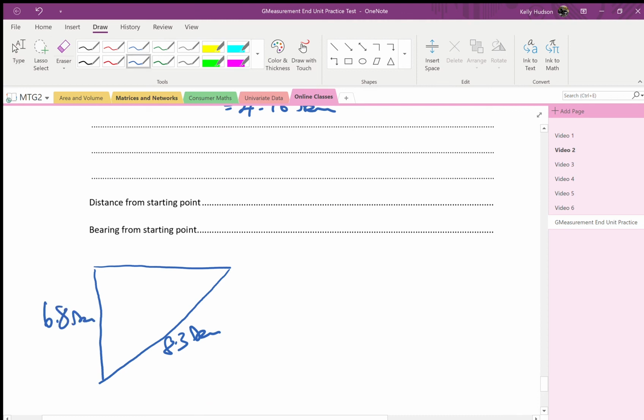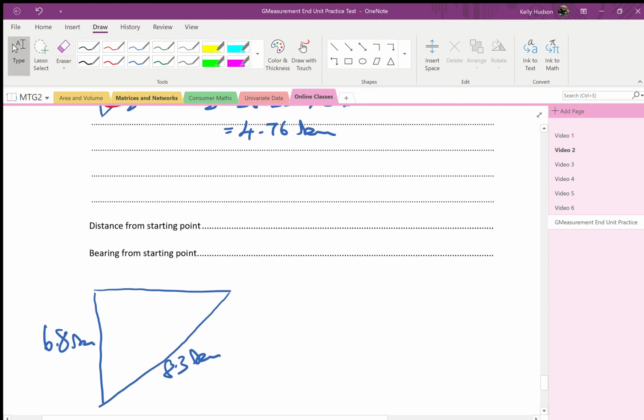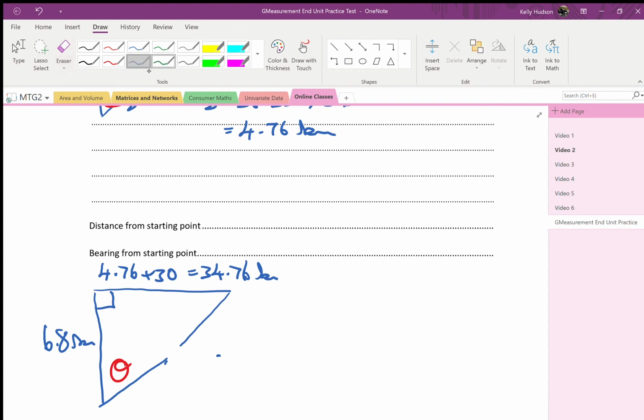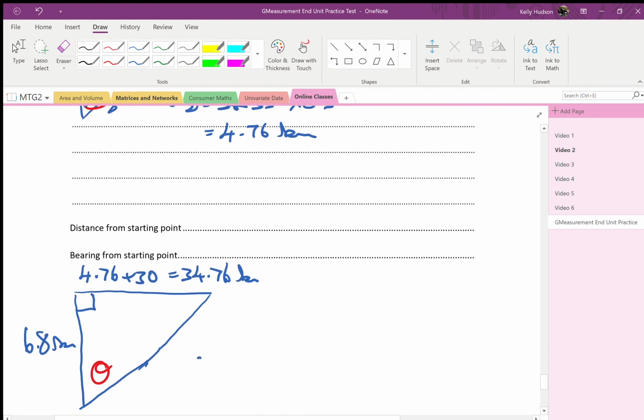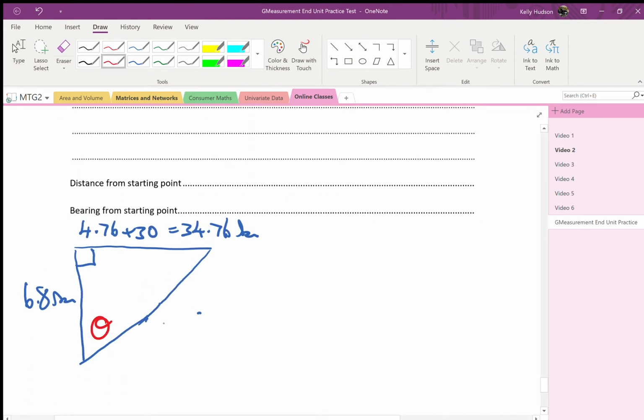I know this one on the top is equal to 4.76 plus 30, which is 34.76 kilometers. So what I need to do is to find that big bearing. Oops, that's the other triangle, that distance. I need to find this distance on the side. And what do I call that one? Well, did we give it a name at the top here? We did. D. So I'm actually going to call this one D.